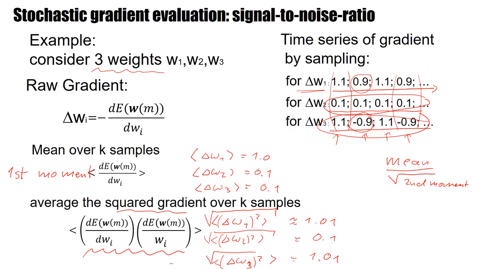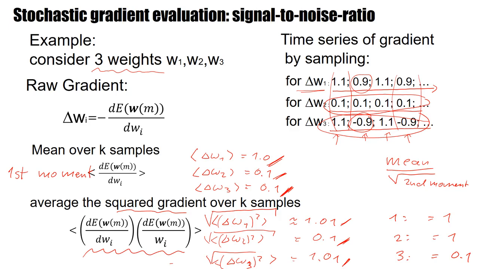Well, this gives what? For the first one, it gives 1.0 divided by 1, so it's about 1. For the second, it's 0.1 divided by 0.1, it's 1. For the third, it's 0.1 divided by 1, so it's 0.1.